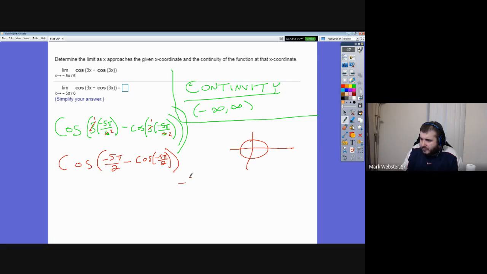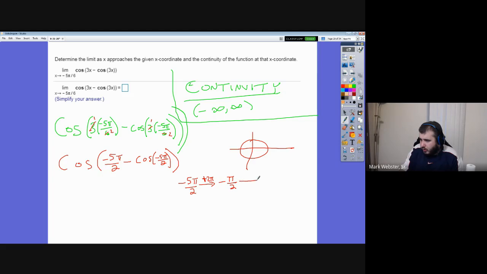So negative 5 pi over 2, we're going to spin it up 2 pi to get those same angles here. Well, plus 2 pi, that's plus 4 pi over 2, negative 5 plus 4. So we got negative pi over 2 now.